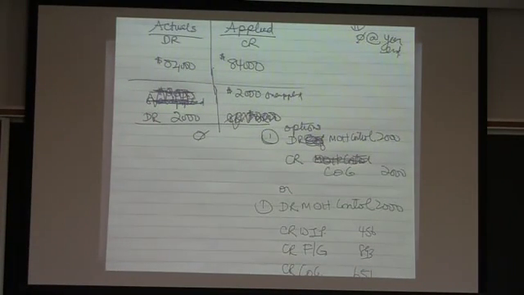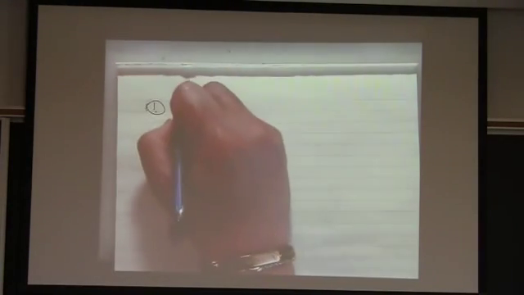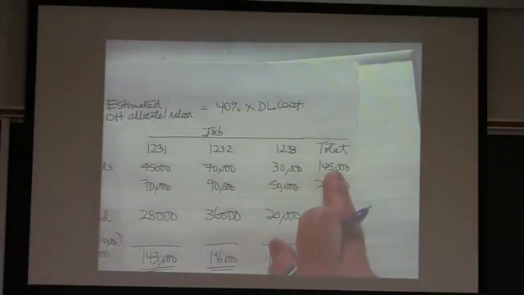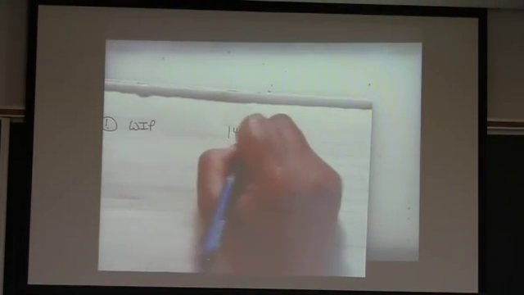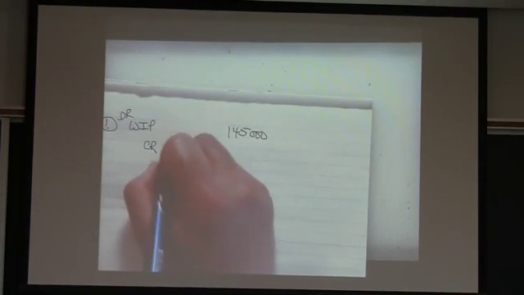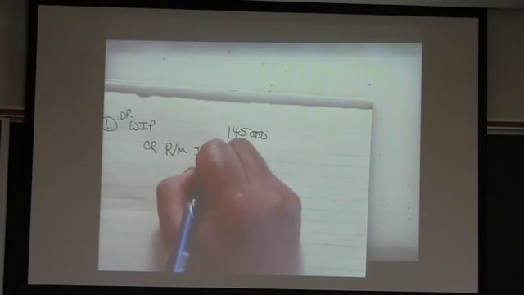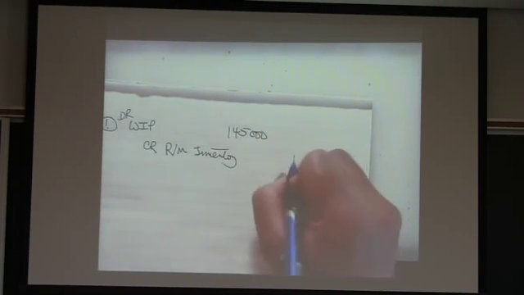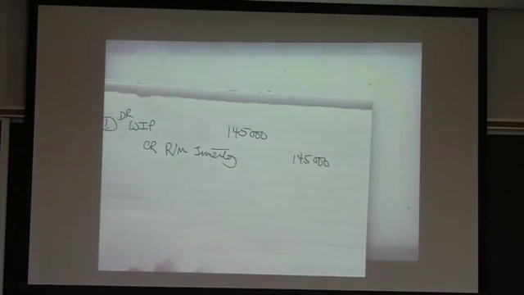So the journal entries are, the first one we're going to debit work in progress, 145,000, which would be all the materials that we spent, 145. And credit raw materials inventory. Because presumably you bought a whole bunch and now you're taking it out of your raw materials to use for each job.